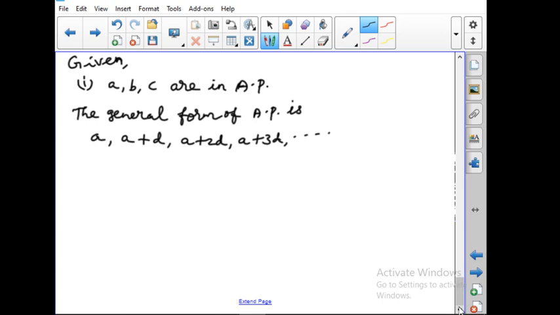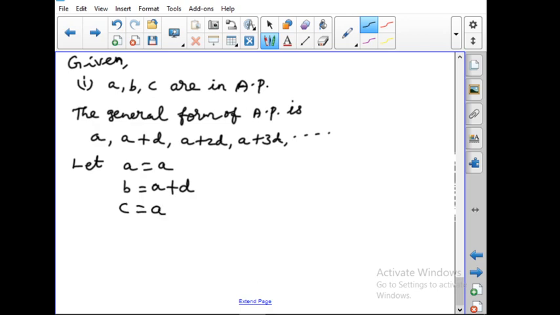So A equal to a, B equal to a plus d, and C equal to a plus 2d. So we have to assume like that. Let A equal to a. Next B equal to, we assume the second term, so a plus d. Next C equal to, you have to assume the third term.